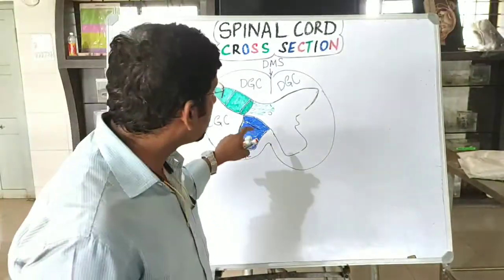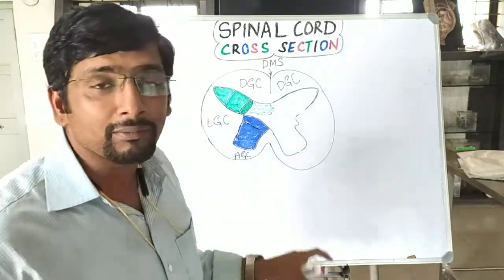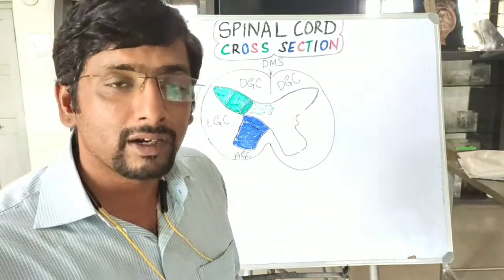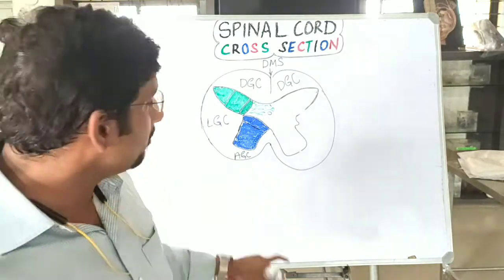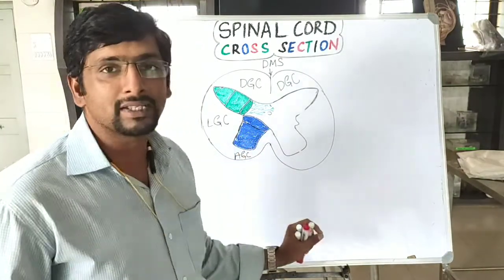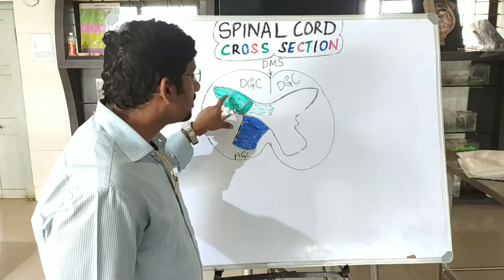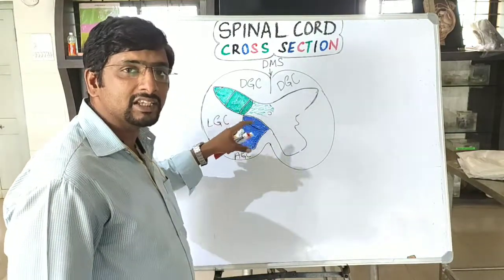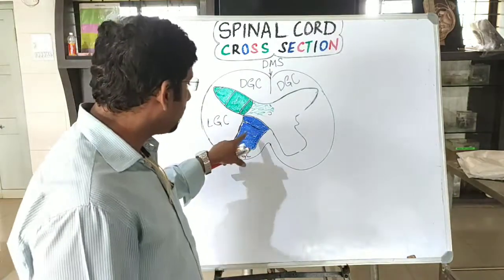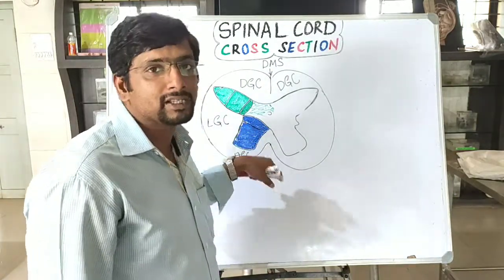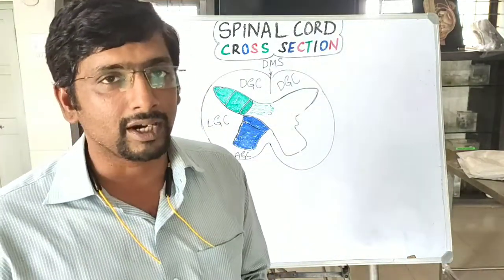Already we know that this is developed from the alar plate of the developing neural tube and this is from the basal plate. So whatever fibers it receives are about sensations, and whatever components it supplies are for the motor components.